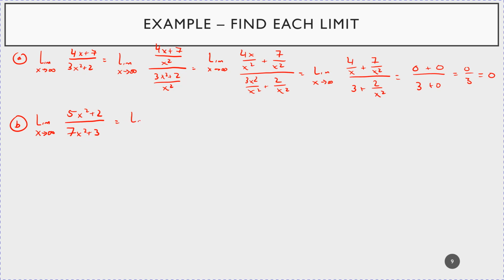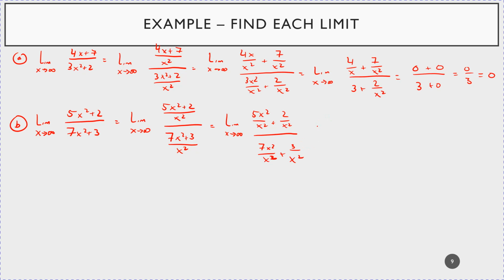So this becomes the limit as x goes to infinity of 5x squared plus 2 divided by x squared, divided by 7x squared plus 3 divided by x squared. So split it up again. This becomes 5x squared over x squared plus 2 over x squared, divided by 7x squared over x squared plus 3 over x squared.